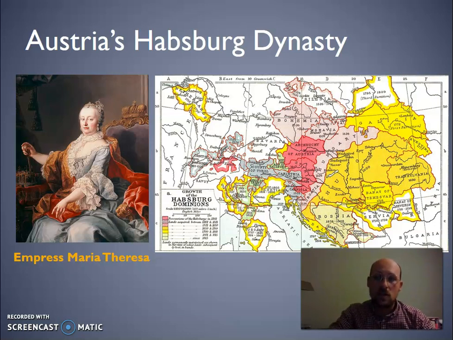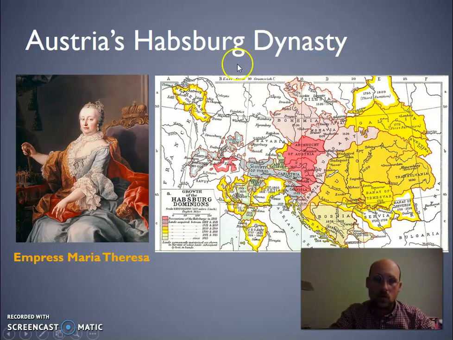And to do that, they sometimes would create nobility. When the Bohemians protested their being forced into Catholicism, the Habsburg emperor went to them and convinced them, look, I'll make you nobility if you stay loyal to me. And so in that way he's able to control the nobility.